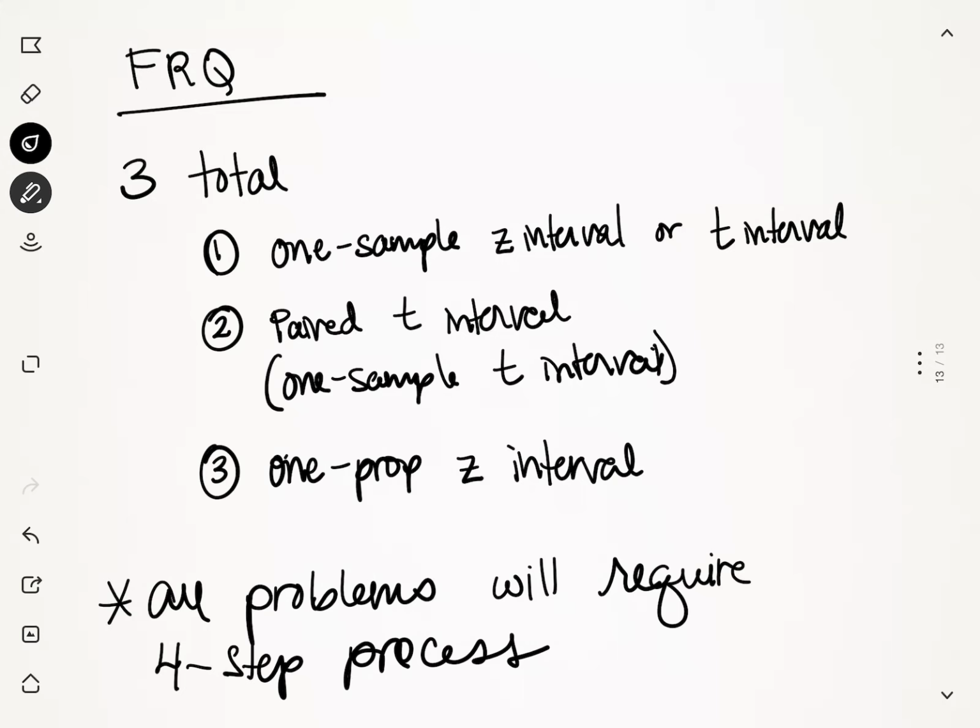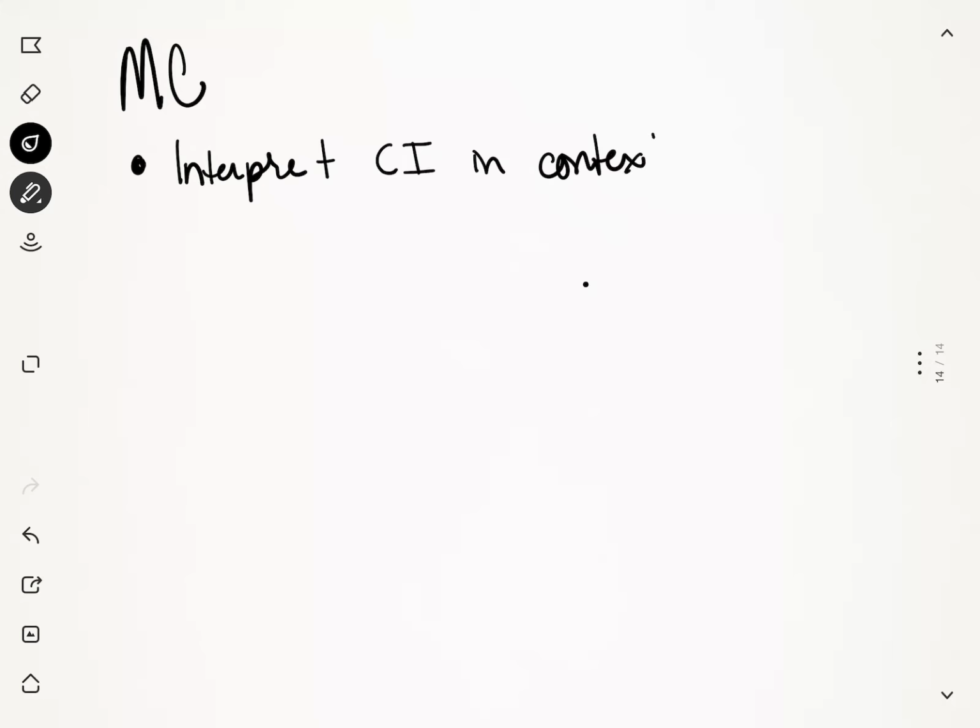Okay? Now, let's talk about multiple choice. What might be on the multiple choice part? What you need to be able to do for the multiple choice is correctly interpret an interval in context. So, interpret a confidence interval in context.